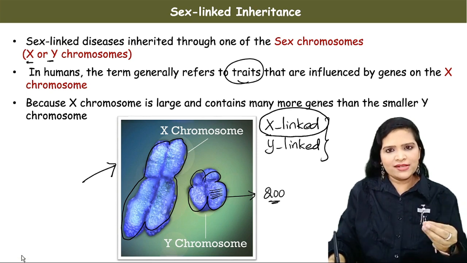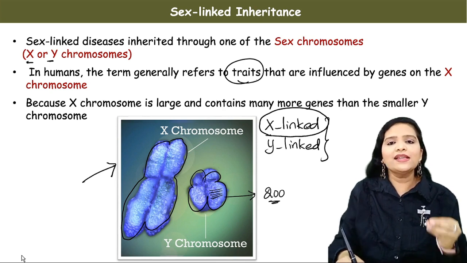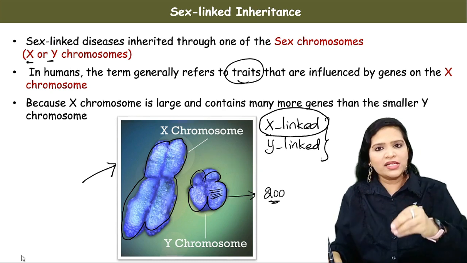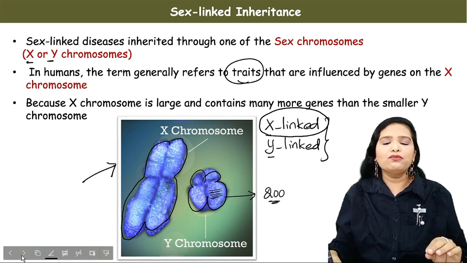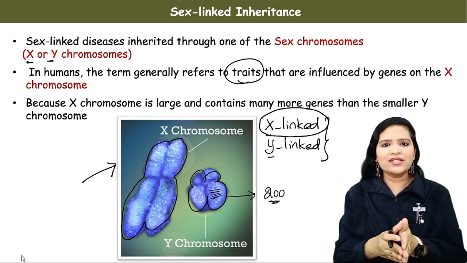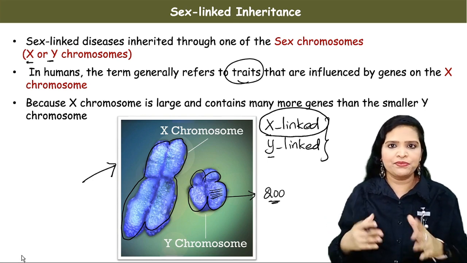So generally, sex-linked disorders means X chromosomal disorders. That's why we say X-linked disorder rather than Y-linked disorder. If we specifically say Y-linked disorder, there are only a few diseases, which we will discuss later. Got it?